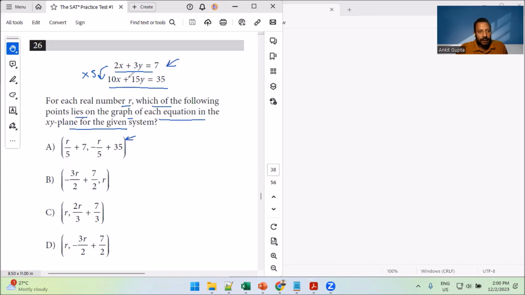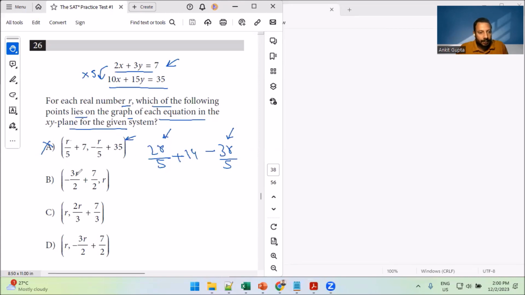If we start substituting these values, so 2r by 5 plus 14 plus 3y minus 3r by 5. We don't have to go further, right? Because the r will not even cancel out. So you'll always have an r in the equation. So that means option A is not sufficient.